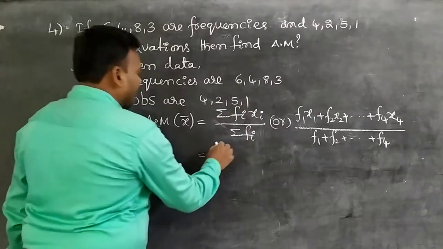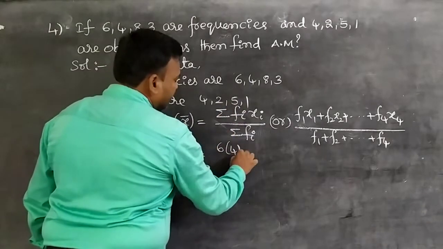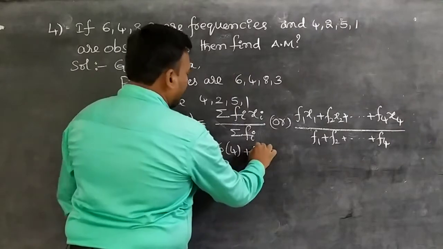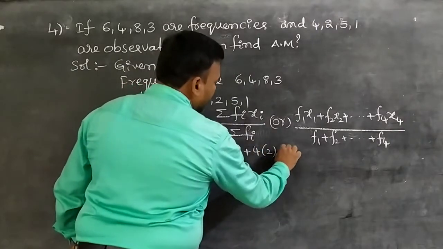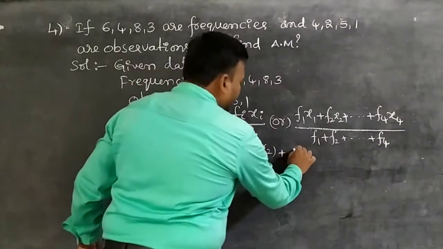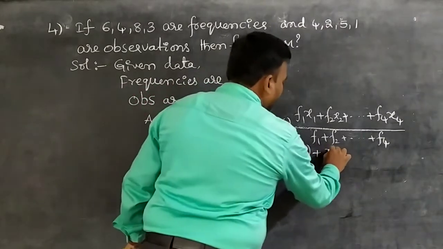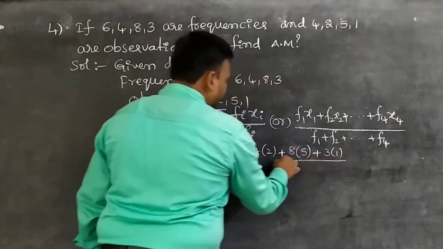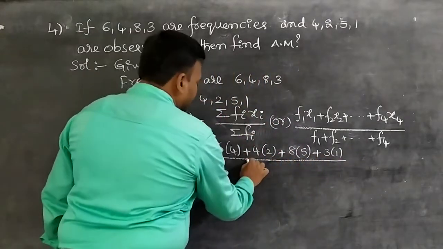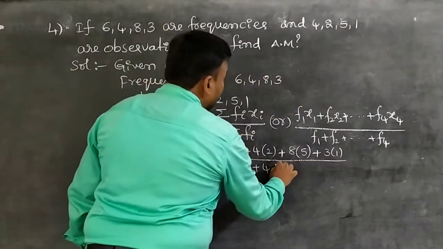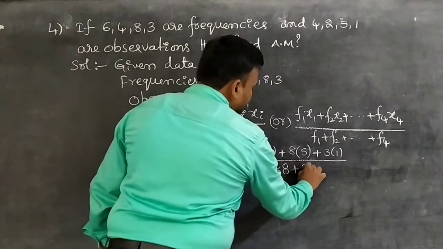Then substitute the values. 6 of 4 plus 4 of 2 plus 8 of 5 plus 3 of 1, by 6 plus 4 plus 8 plus 3.